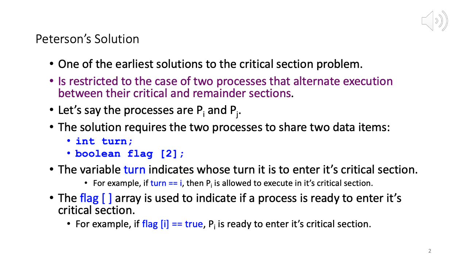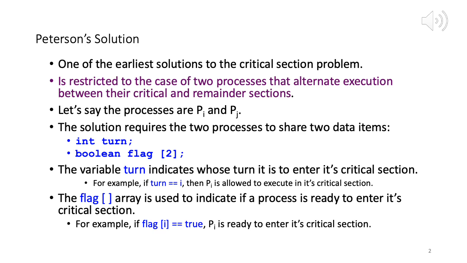The other is progress. If no process is executing in its critical section and some processes wish to enter their critical sections, then only those processes that are not executing in the remainder section can participate in deciding which will enter its critical section next. And the selection cannot be postponed indefinitely.